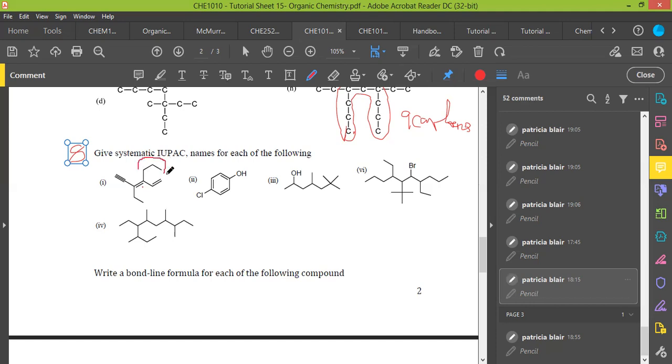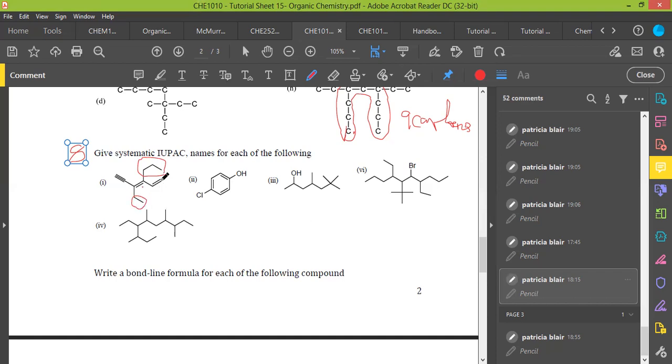This is a substituent. Now, when you go to the alkyl where the triple bond is and where this is, you find that they have the same number. So since they have the same number, you will go where the alkyl group is, and this becomes a substituent. Okay?